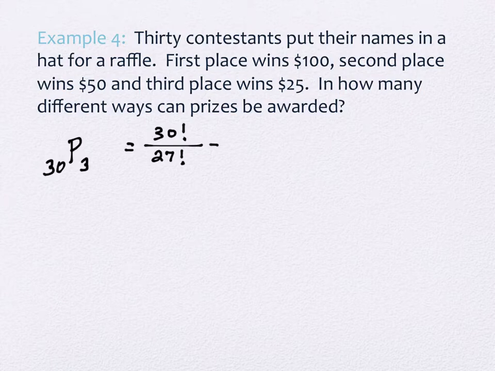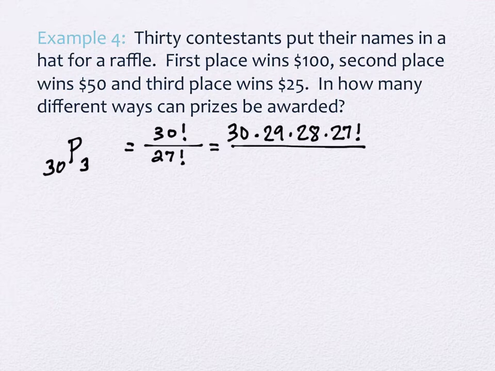So what I'm going to do instead is I'm going to write down the numbers until they match the biggest value that's factorized on the bottom. There's only one on the bottom, it's 27. So I'm going to write down 30, 29, 28, and then I have 27 factorial, which is exactly the 27 factorial on bottom.